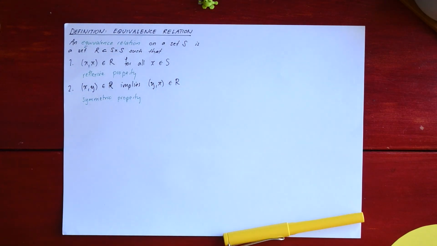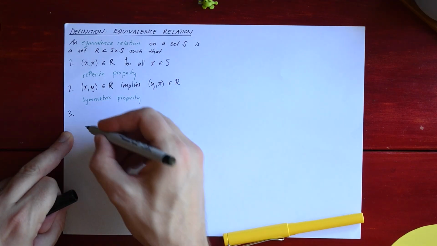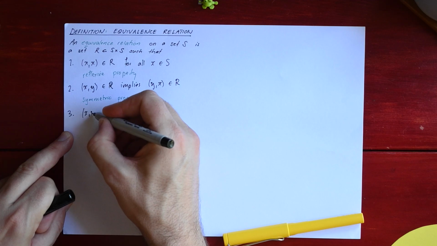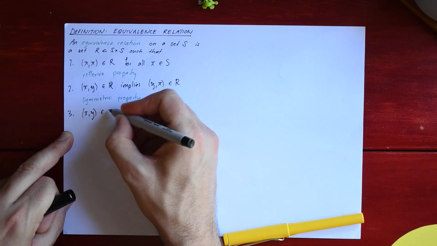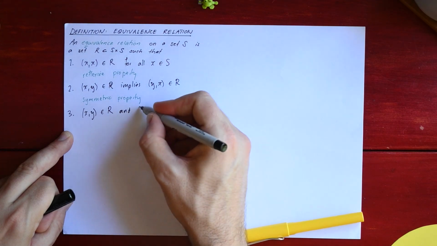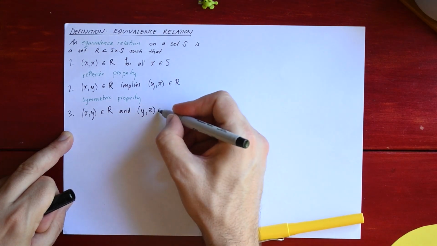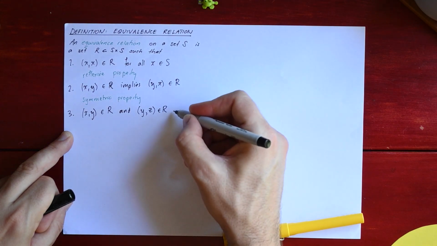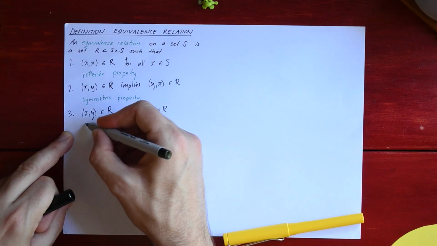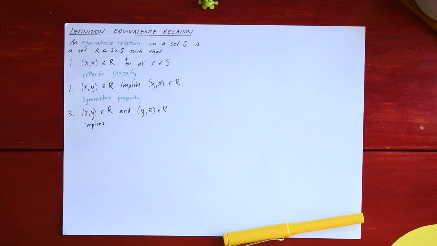And there's one third one, which is a little bit more complicated, but not too much more so, which is that if I have X and Y, if X is equivalent to Y and Y is equivalent to Z, then, in fact, why don't you just pause the video and see if you can decide what that should imply before we fill in the gap.